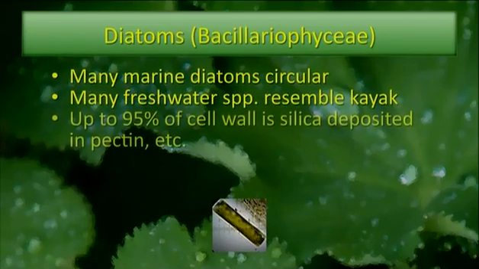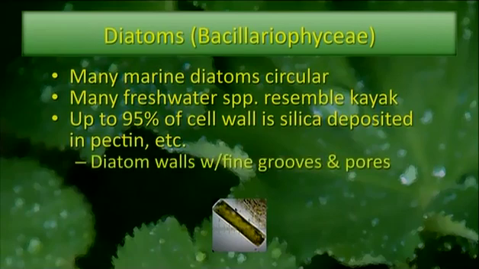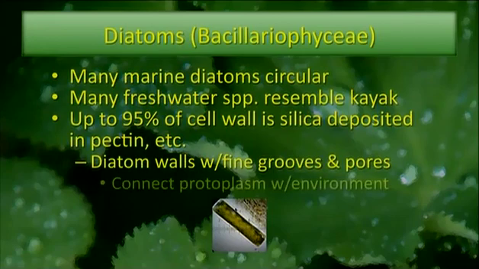Up to 90 to 95% of the cell wall is silica, that's glass, deposited in pectin and other substances, and the cell walls have fine grooves and pores that connect the protoplasm with the environment.